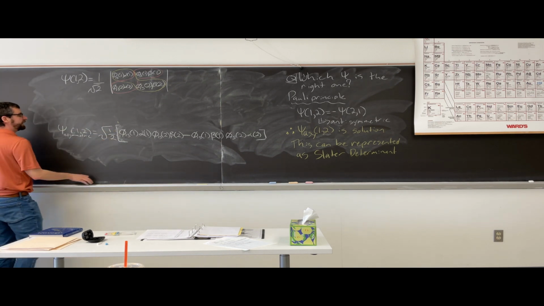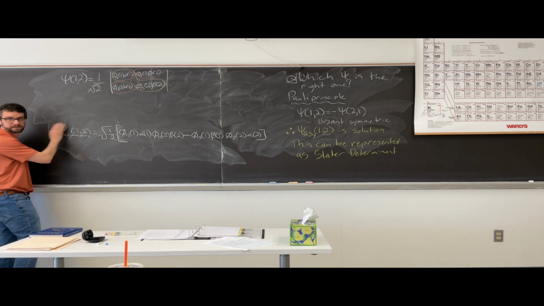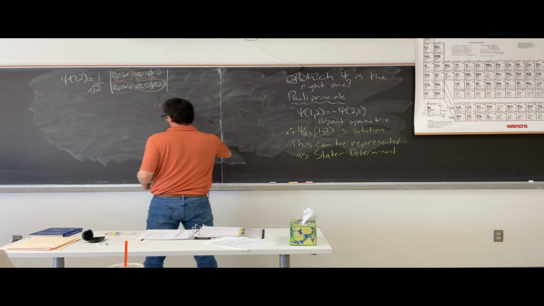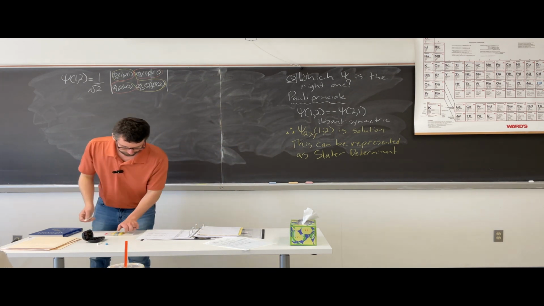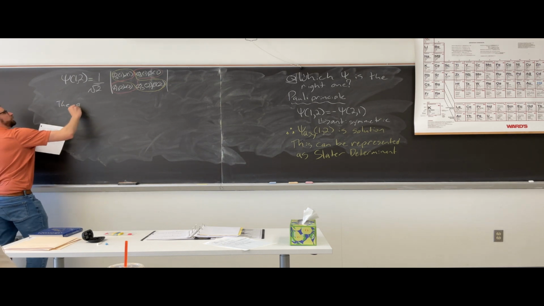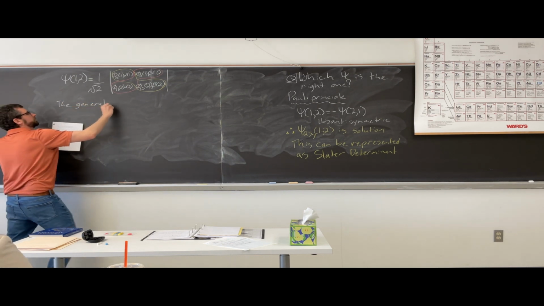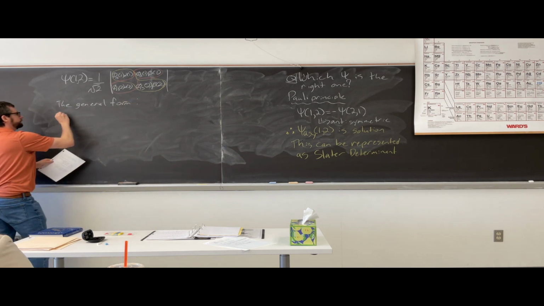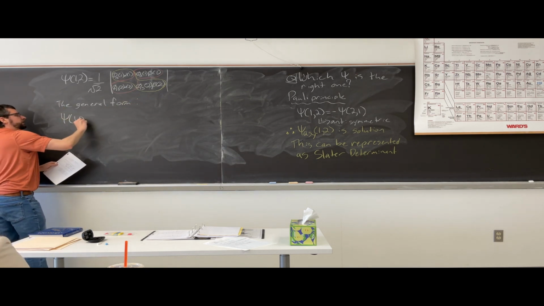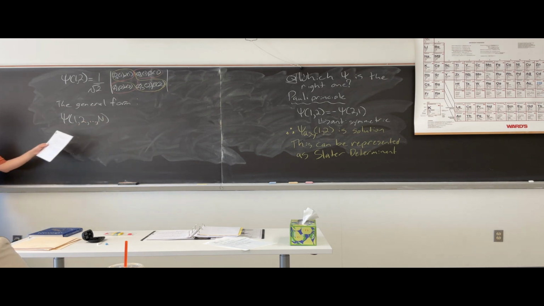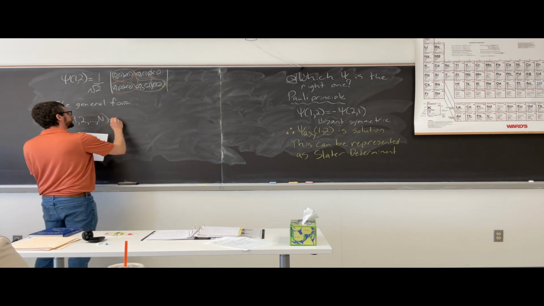If you have a multi-electron system, am I okay to erase this bit? In general form, one, two, and you have some system that goes to n number of electrons.